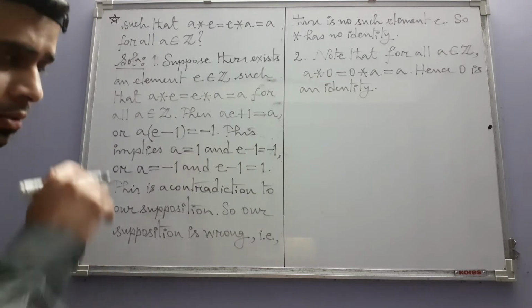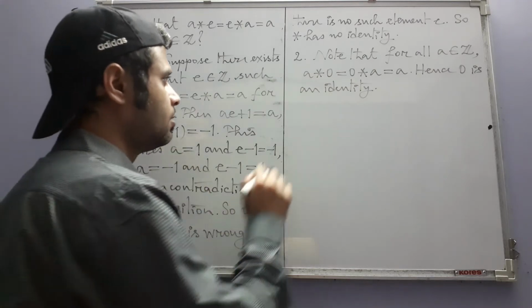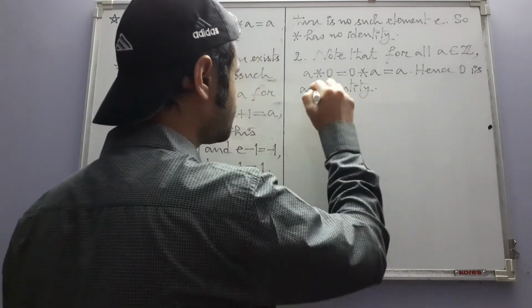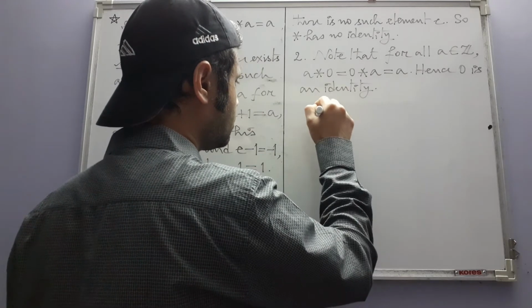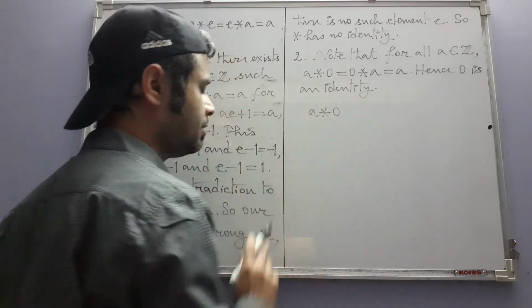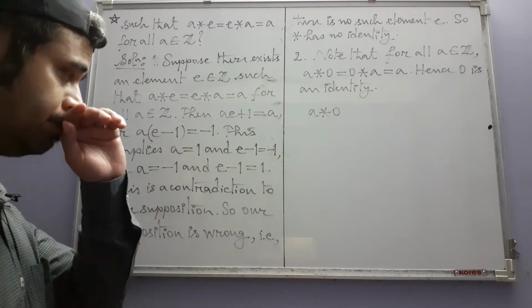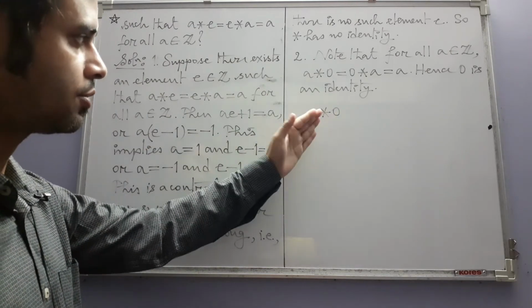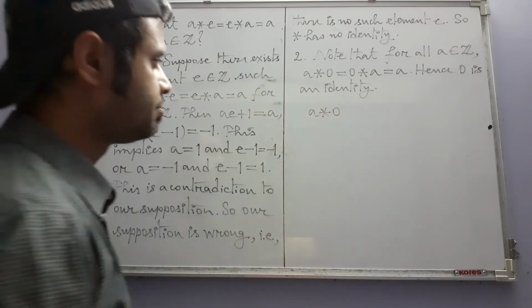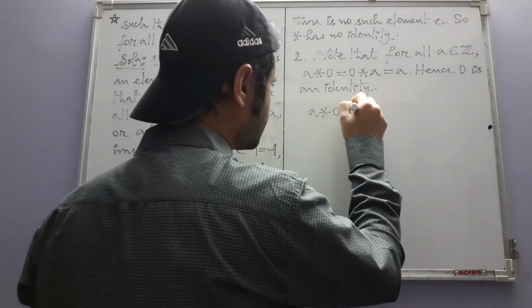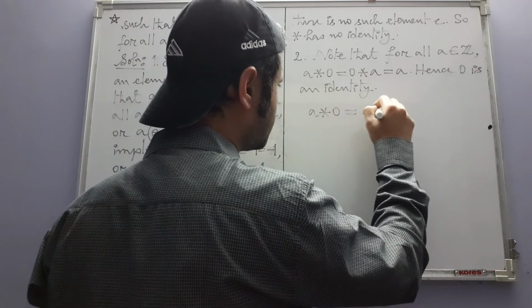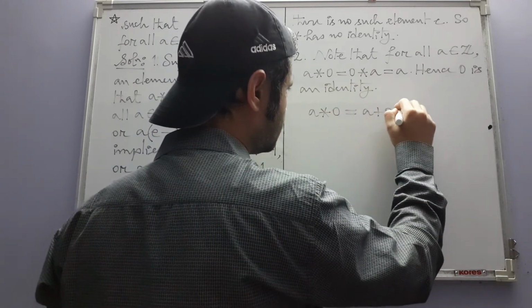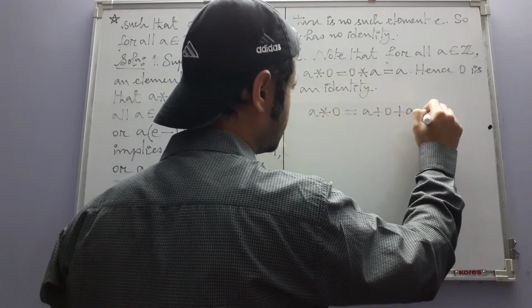And how are we getting this? A star 0, we have already seen that this second operation is also commutative, so it's enough to only see a star 0. So a star 0 is a plus 0 plus a times 0.